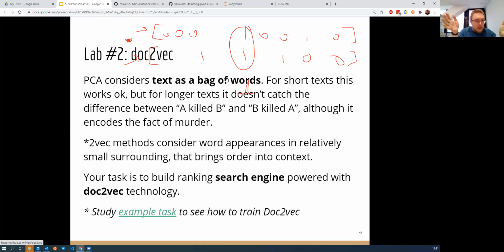Mathematically, it's an equivalent thing. Then we developed the idea that there can be not only ones but also 0.1, 7.4, and so on, and we preserved the procedure. We still have a dot product here.